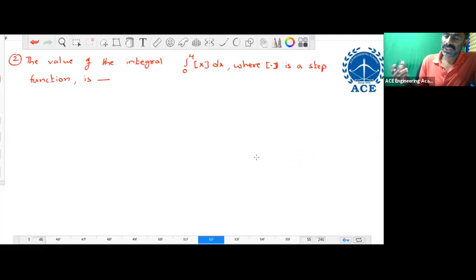Mod x function changes at x equal to 0. Like that, the step function changes at every integer only.